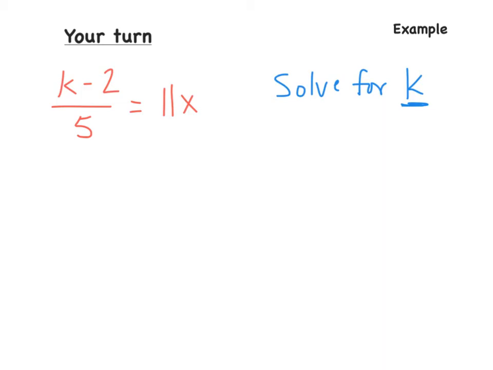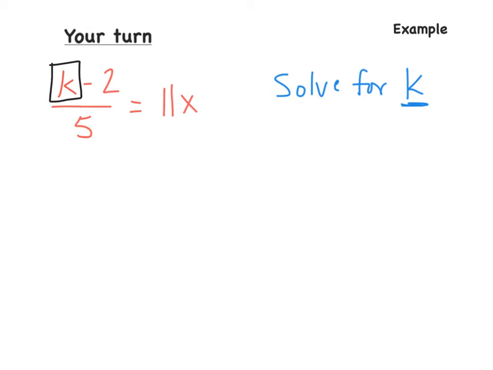Alright, so we have k minus 2 divided by 5 is equal to 11x, and I want you to solve for k. So we are solving for this variable. Since we want to solve for k, and this 5 is the constant that's further away from the k, this is divided by 5.